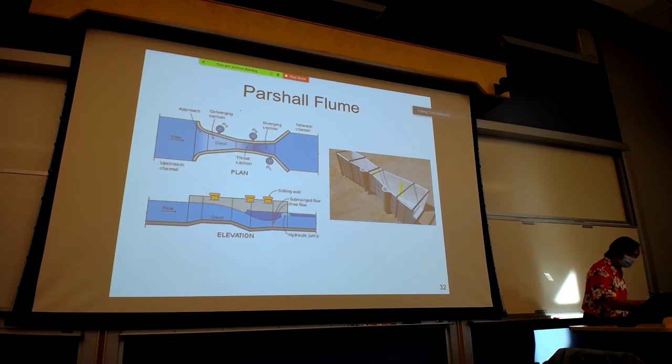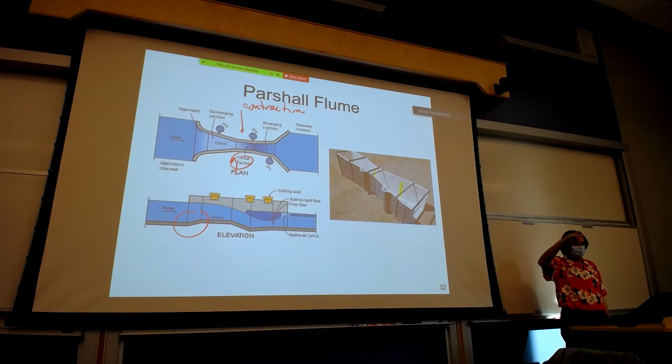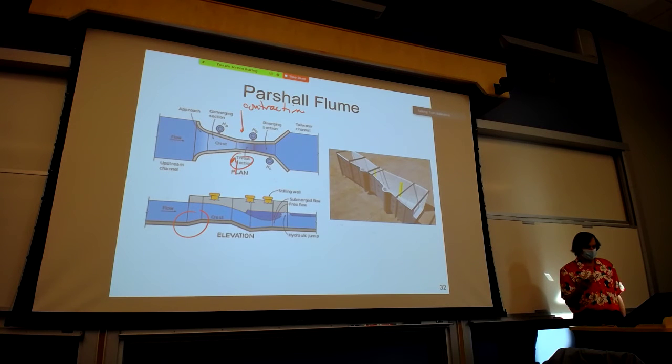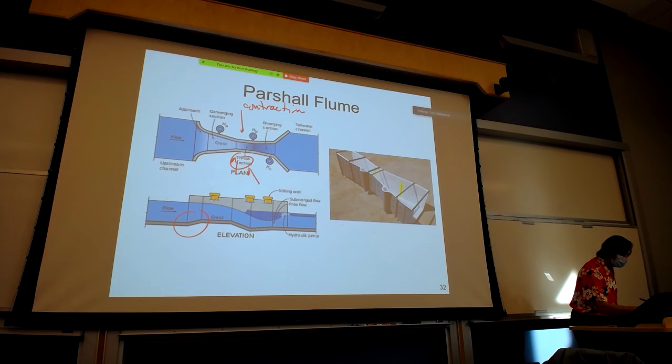So again, what you do is create a contraction, the flume. But you also have something that acts like a little rise in the bed, just like what a weir does, a weir increases the bed elevation. And you're doing both the contraction and this little increase in the bed to force the flow to go to Froude number equal 1 in the throat.